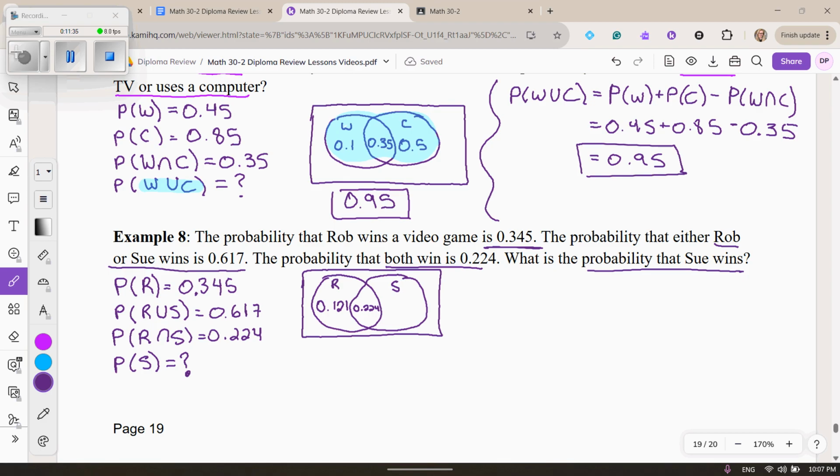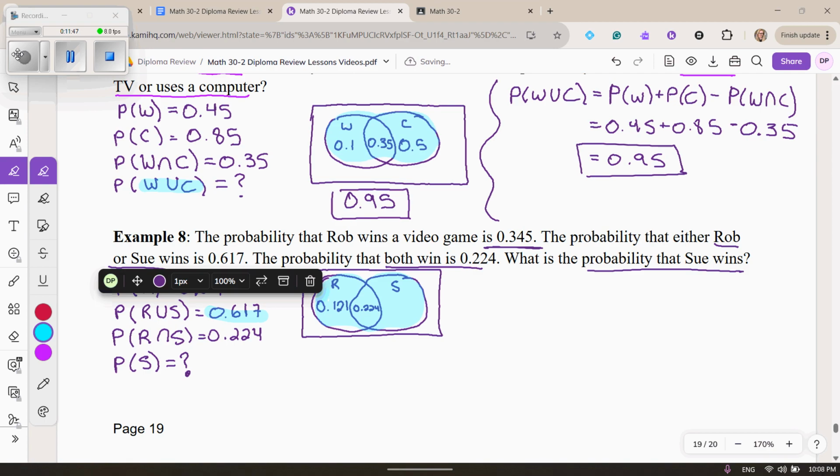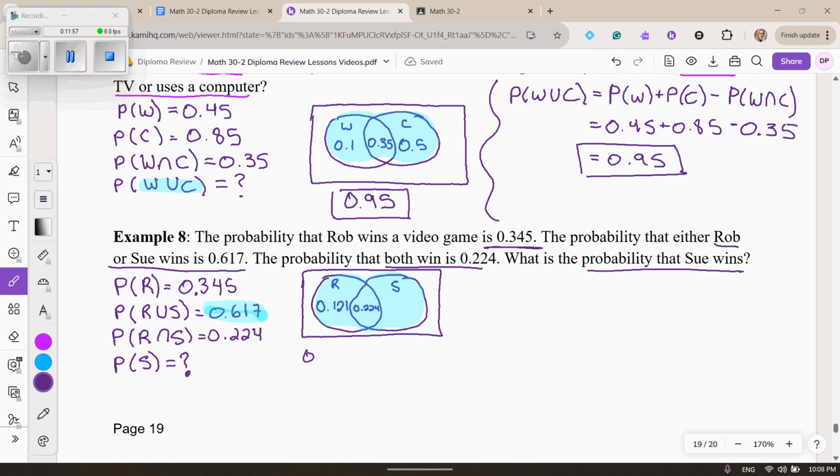Here's where this one's a little bit more difficult. We know that all of this inside needs to add to 0.617. So to get the Sue part, we take 0.617 and subtract 0.121 and subtract 0.224.